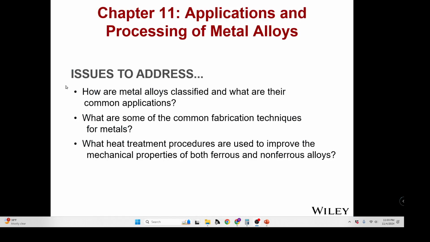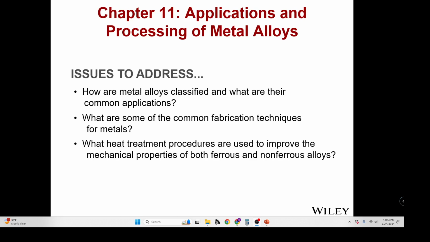So this chapter gets into, okay, great, we can talk about martensite and cementite until we're all babbling like Homer Simpson, but what does all that gibberish mean? This is where the actual application comes into play. So how do we classify and deal with some of these things?